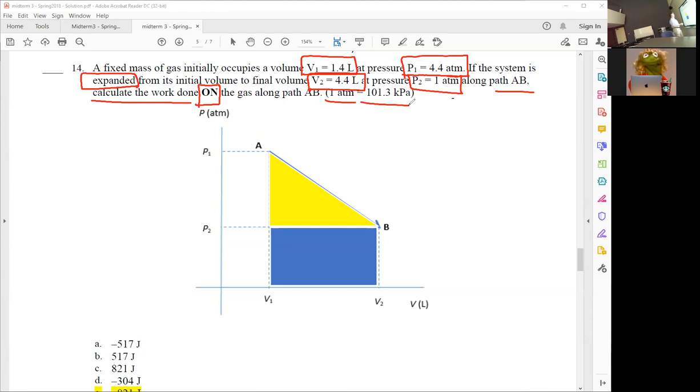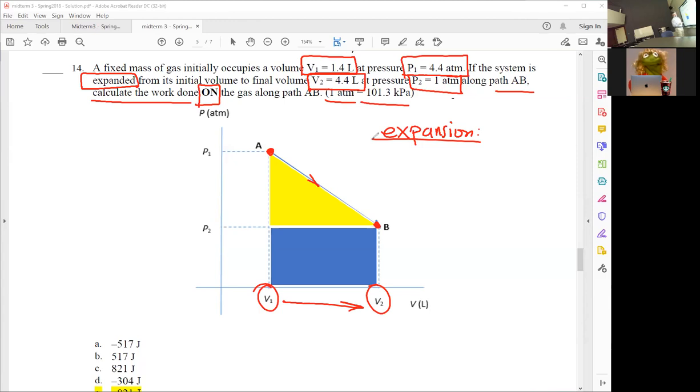So here I'm dealing with this linear relationship between pressure and volume, and we're going from A to B. So we're following this path, A to B. This is my initial volume, this is my final volume, and I'm told the system is expanded, and you can see it. Volume is increasing, which means I'm dealing with an expansion.